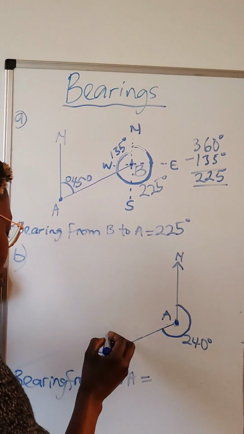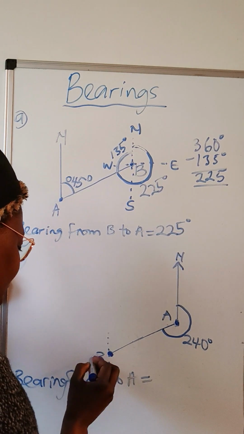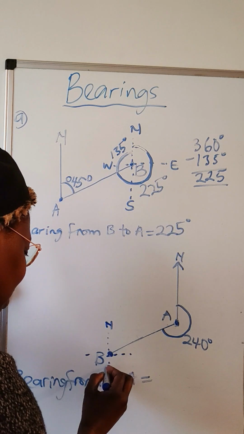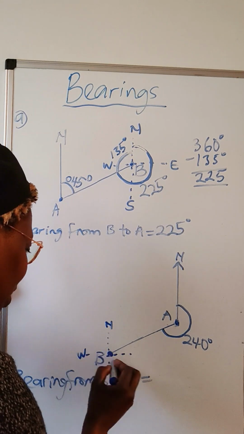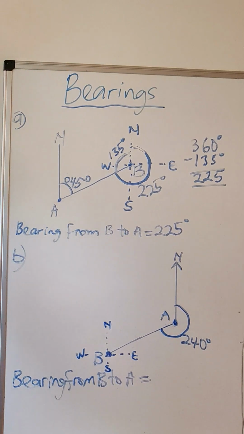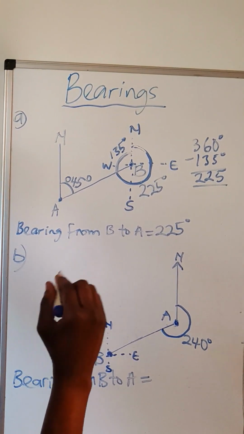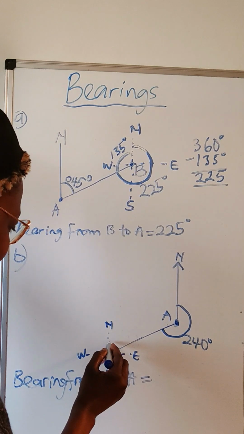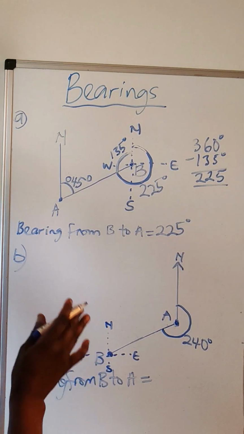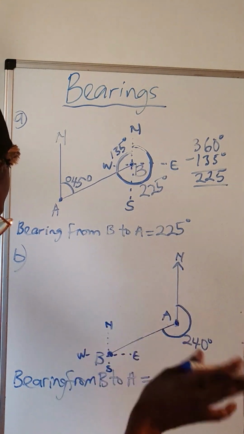The first thing to do here is to try to map out the 4 cardinal points. You have the north here, south here, west here, east here. What we are trying to calculate is the bearing from B to A. In bearing, we're going to move from the north direction clockwise.